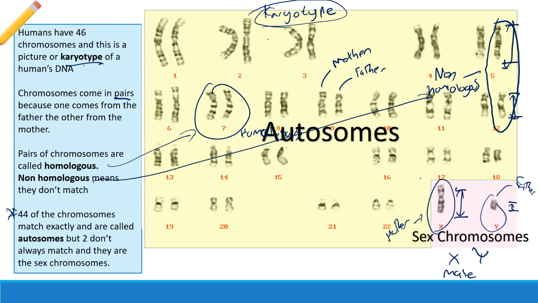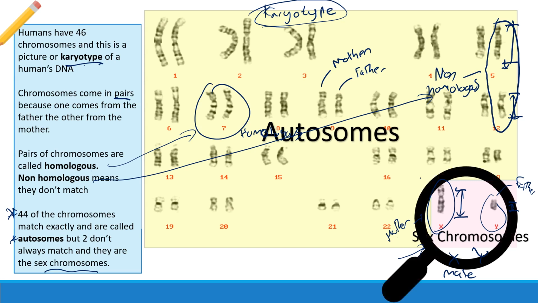Autosomes are all of the DNA from pair 1 to pair 22, except for the sex chromosomes, which represent the last two. That really should be bolded, actually. So let's go have a look at these sex chromosomes. Okay, let's have a look at them in a bit more detail and see what we can find out about them.